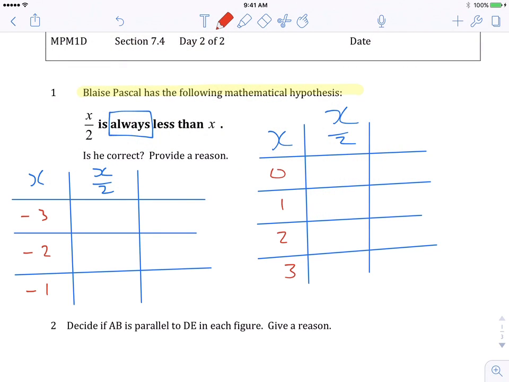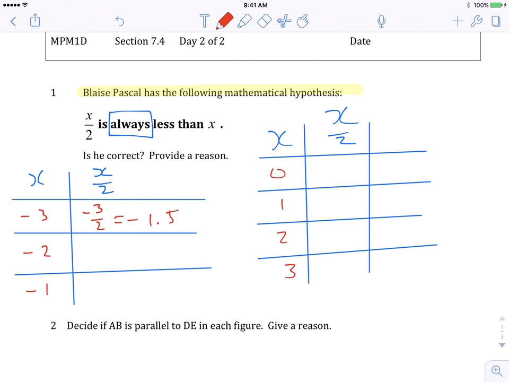So when x is -3, x over 2 would be -3 over 2, which is equal to -1.5. In this case, x divided by 2 is actually greater, because -1.5 is greater than -3.